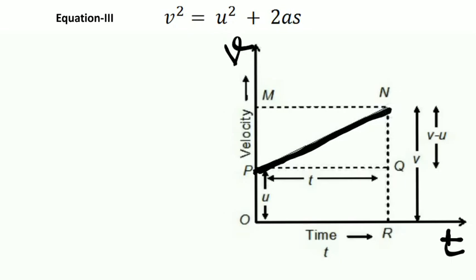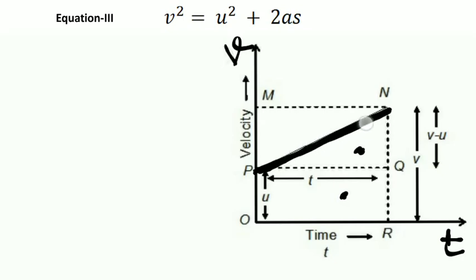We will again calculate the displacement, which is the area under this graph. In the previous case we calculated this as the sum of this triangle and this rectangle, but in proving the third equation of motion we will take the combination of these two figures. This triangle and this rectangle combine to make a trapezium.